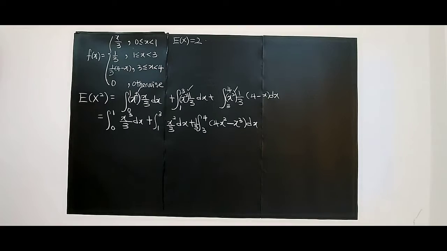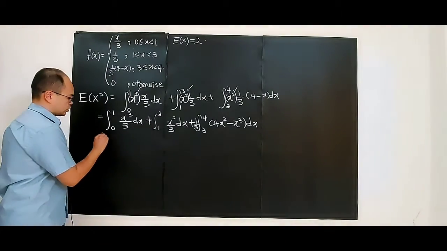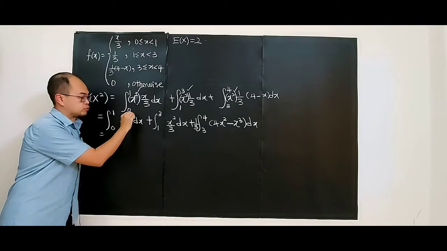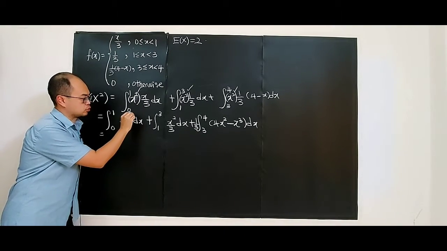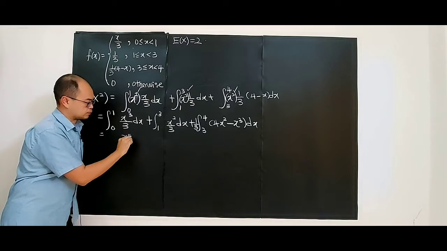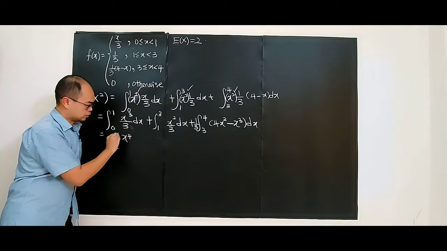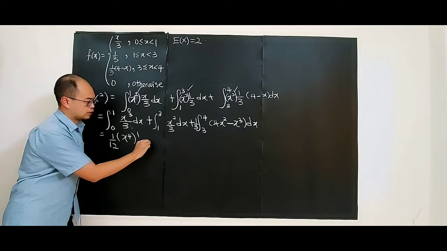For the first one you are getting x to the power of 4: 3 plus 1, so x to the power of 4, divided by 4, and 4 times 3 is 12, so 1 over 12, evaluated from 0 to 1.